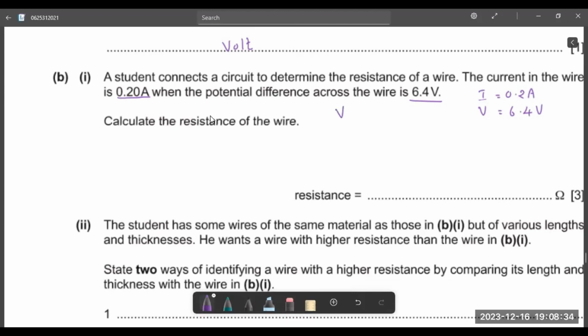As per Ohm's law, V is equal to IR. Voltage is equal to current times resistance. So resistance can be written as V by I. Here voltage is 6.4 volts and current is 0.2 amps. So 6.4 by 0.2 is 32 ohms.